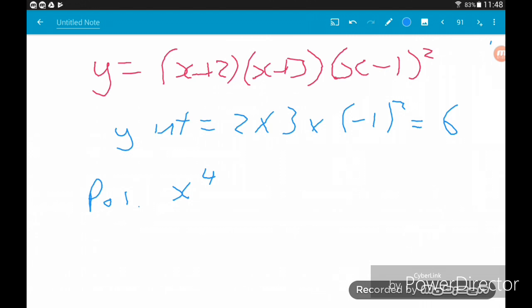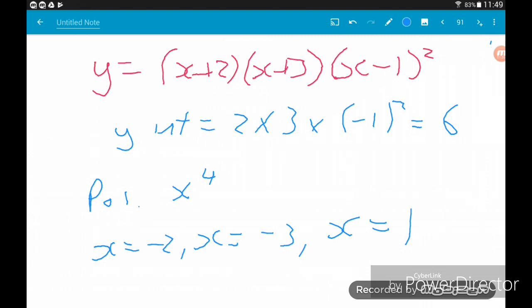So x plus 2 tells us x equals -2. X plus 3 tells us x equals -3. And then x minus 1 squared gives us a repeated double root at x equals 1.